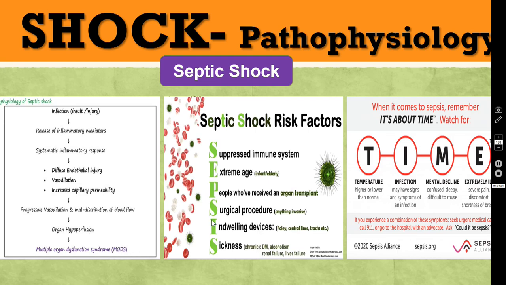So coming to the various risk factors for the sepsis, our patient could be having suppressed immune system or immunocompromised patient, extremes of age, either infant or elderly patient, people who received an organ transplant because they are immunocompromised, or patient underwent some surgical procedure or any invasive procedures, indwelling devices like Foley catheter, central lines, all these things.